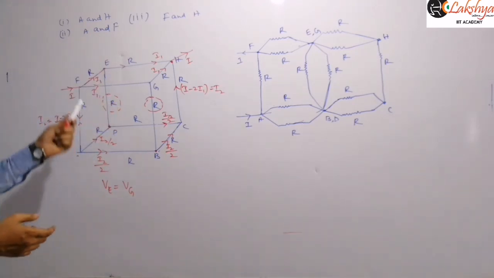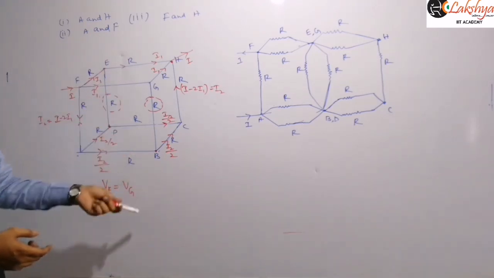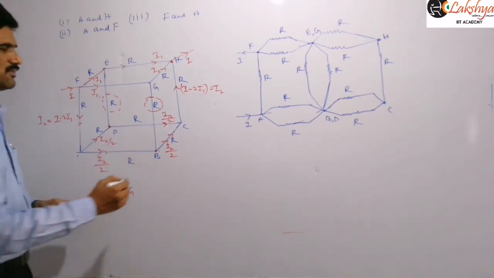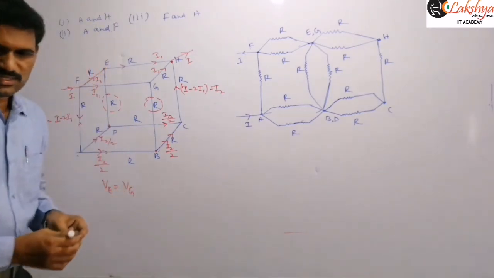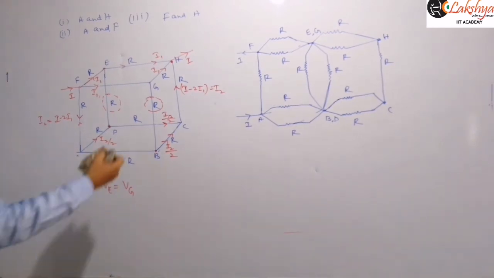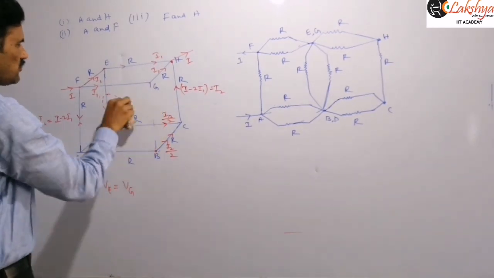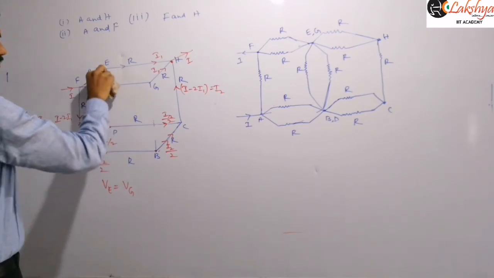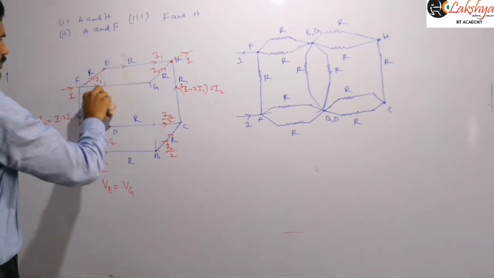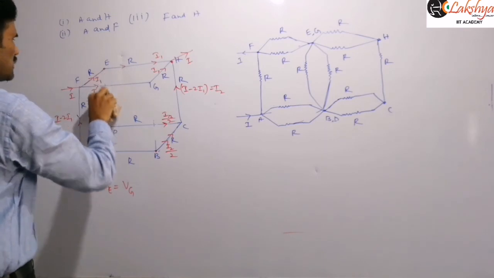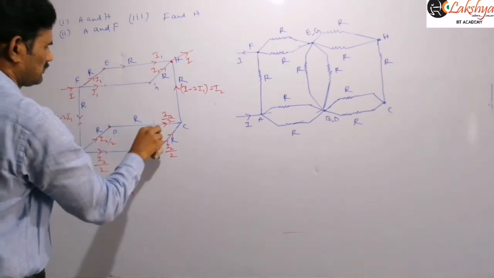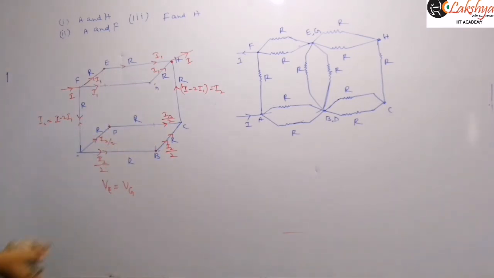So when you remove those 2 resistors, the circuit becomes easier. You can draw the circuit like this, right? And that is the resulting circuit.